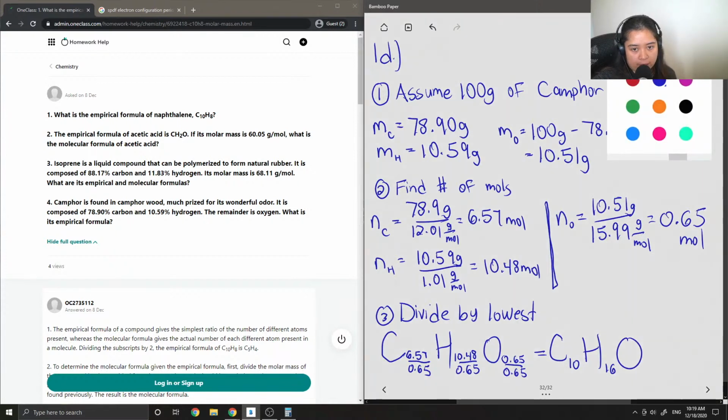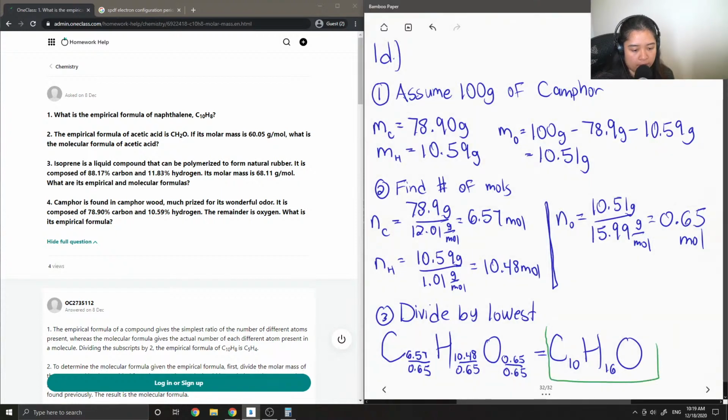And this is our empirical formula. Okay, so that's where this question ends up, because they don't ask for molecular, nor do they give us the molar mass of camphor. So this question is done.